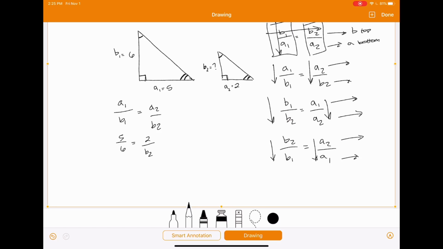And from here you can just cross multiply. So we're going to multiply these together and set them equal to those multiplied together. So 5B2 equals 6 times 2. So 5B2 equals 12. Divide both sides by 5. B2 equals 12 fifths. All right, and that would be your answer.